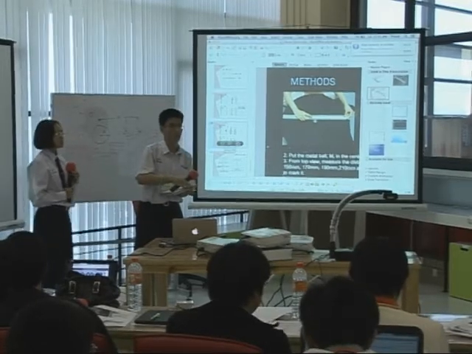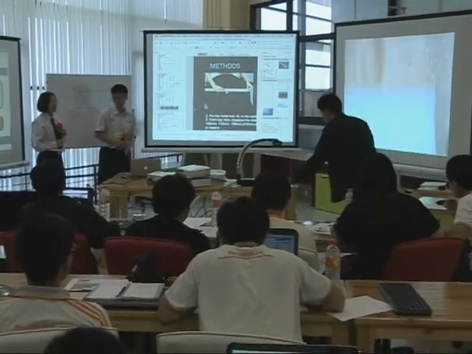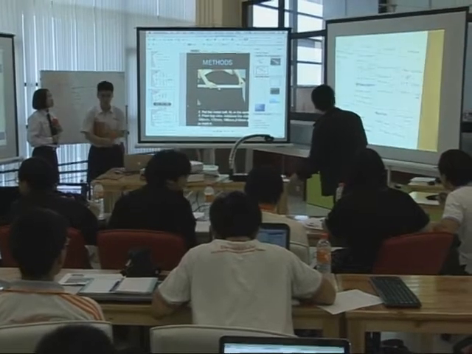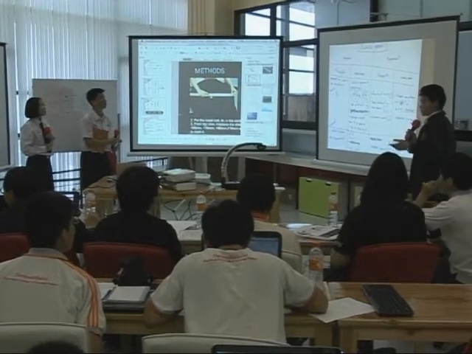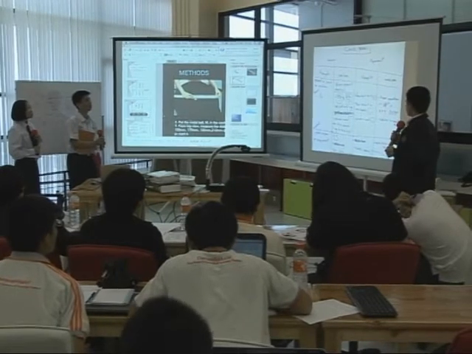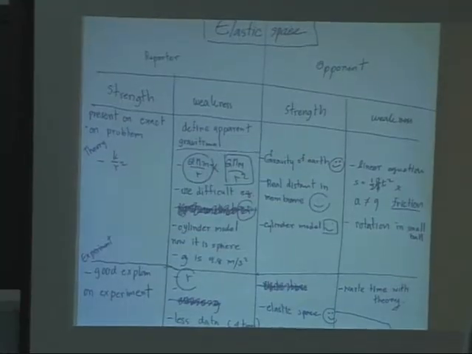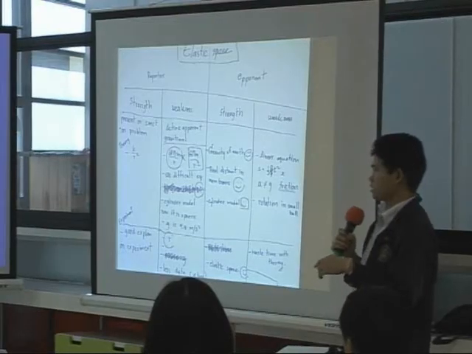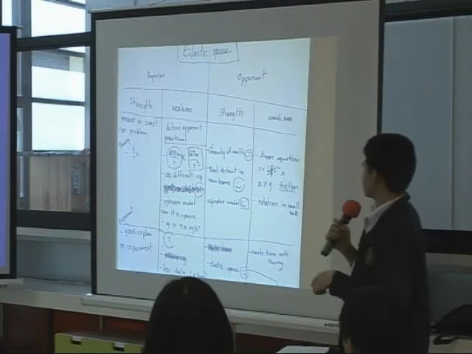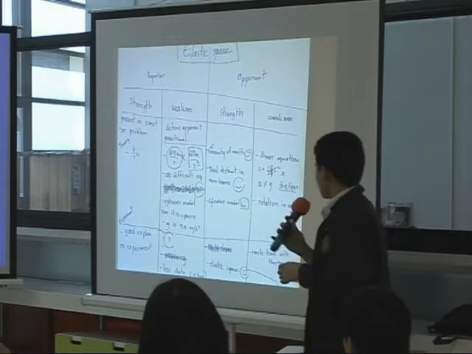Thank you, reporter and opponent, for your informative data. This is a comment for the reporter. She presents exactly the problems, and the weakness is that she didn't define the apparent gravitational force. Another weakness is that she used the equation G mm divided by R in this slide, and the true equation is G mm divided by R squared.